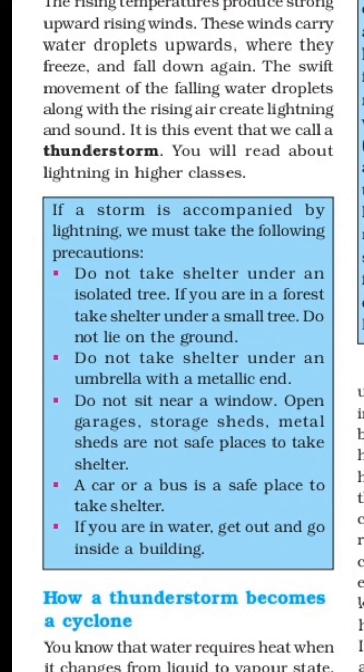Suppose we are in a forest and a thunderstorm occurs, we have to take shelter under a small tree, and do not lie on the ground. In a forest area many big trees are there, and they may fall down on our body. Next one, do not take shelter under an umbrella with a metallic end.